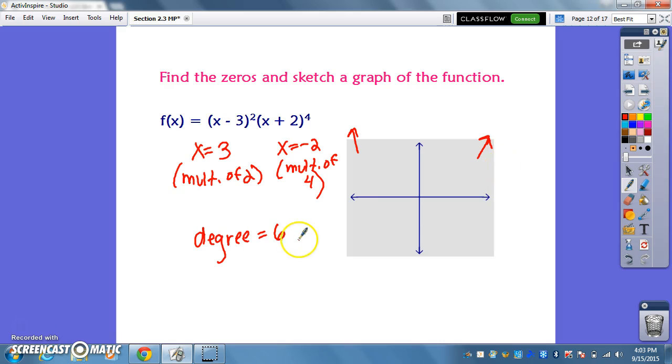Even degree, positive leading coefficient, both arrows are going to point up. Alright, I also know that at negative 2, there's a 0, and at positive 3, there is a 0. But at those places, because both of them have an even multiplicity, the graph is just going to barely touch the x-axis at those points.